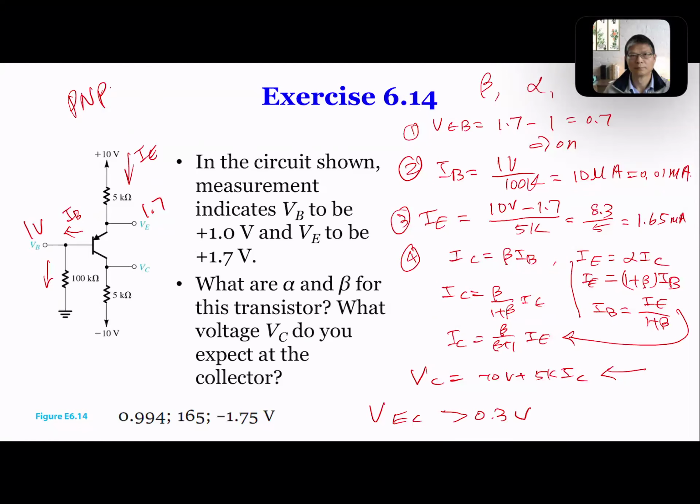So this was a typical example that you will see in BJT circuits. Again, I want to emphasize that the term saturation is very different from what it is in MOSFETs. In MOSFETs, saturation is a mode where the current is flat. The current is not flat, that's the triode mode.